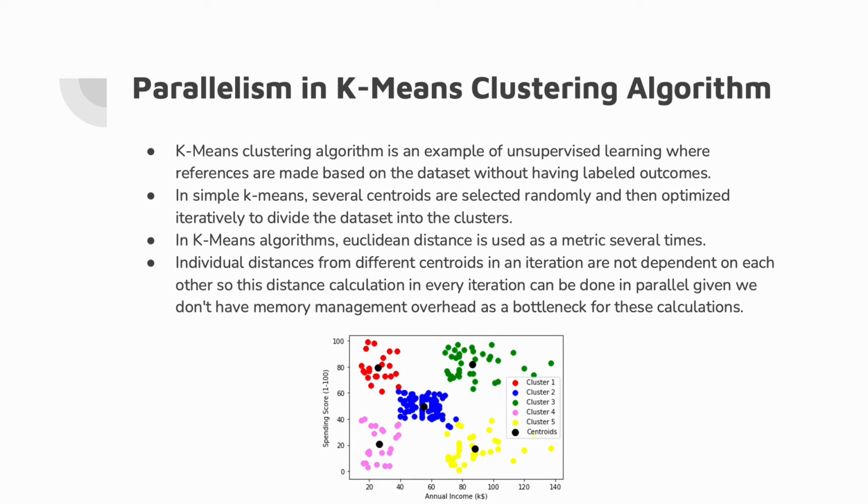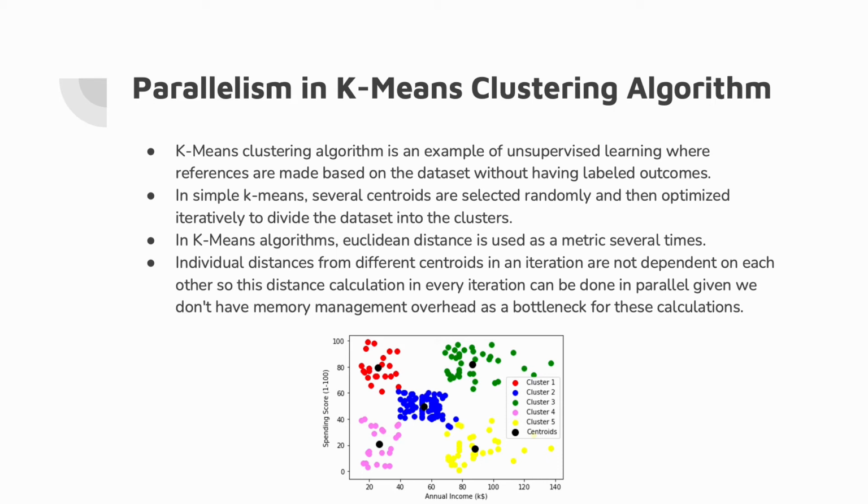Next, we will be discussing parallelism in the k-means clustering algorithm. K-means clustering is a very popularly used machine learning algorithm which is an example of unsupervised learning. Unsupervised learning means we have a dataset without labeled outcomes and we have to make inferences on that.